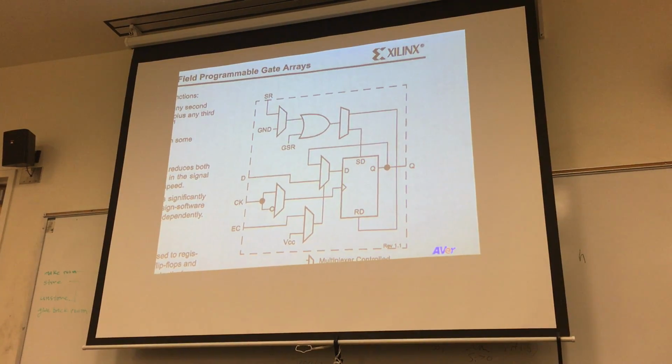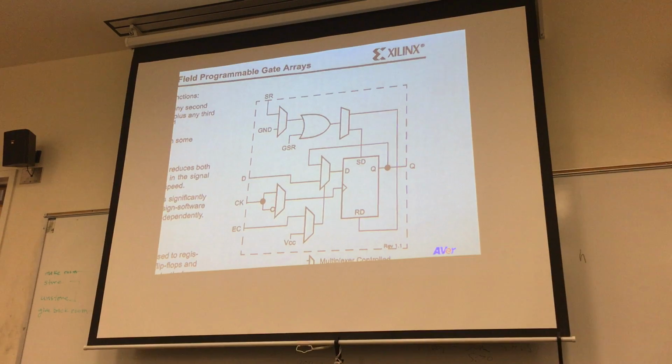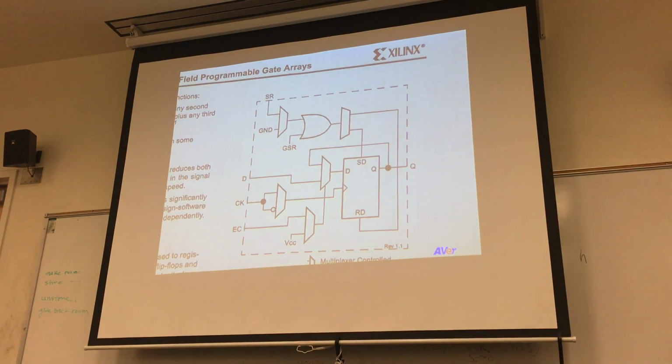Remember that circuitry that was in the startup block? It generated a pulse when power was applied to the FPGA. That's what GSR is. So you could have that come in and set or reset your individual registers.